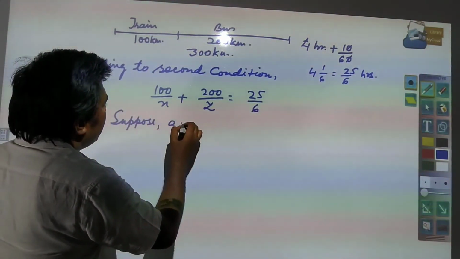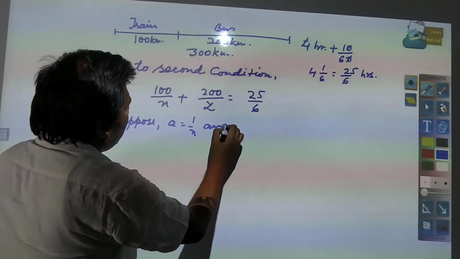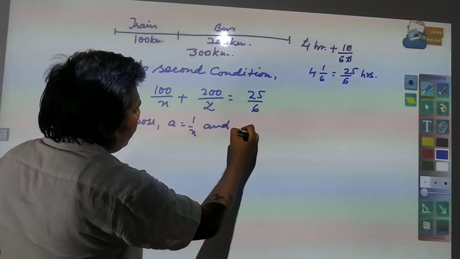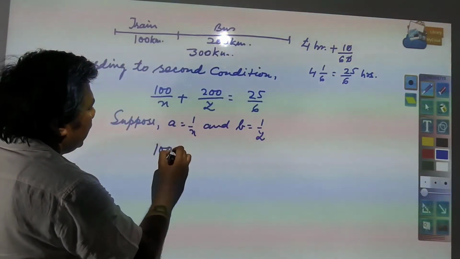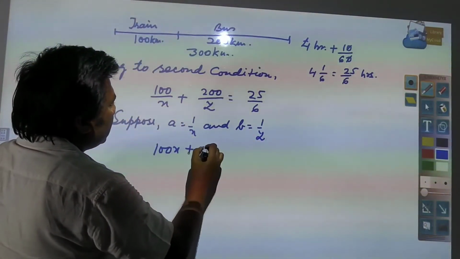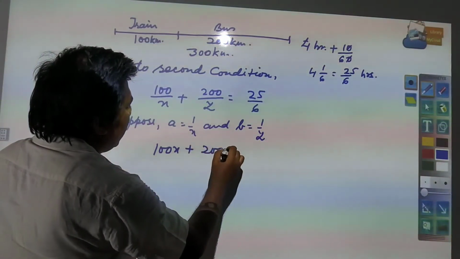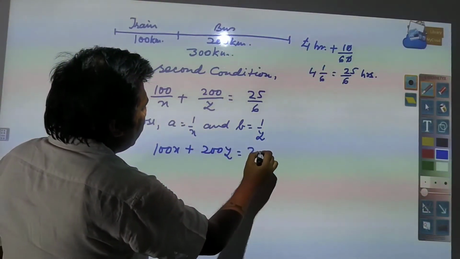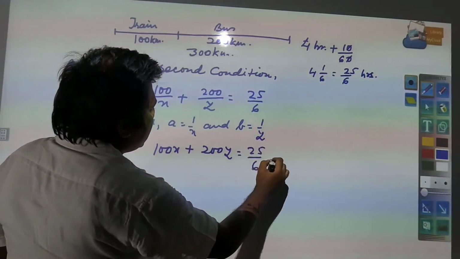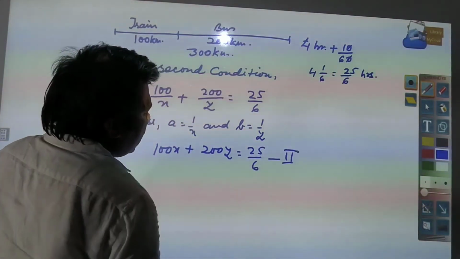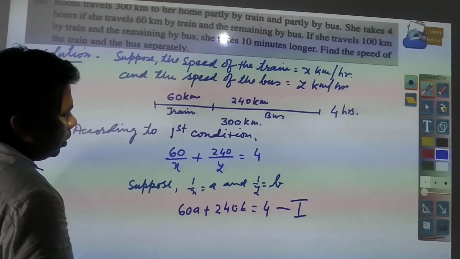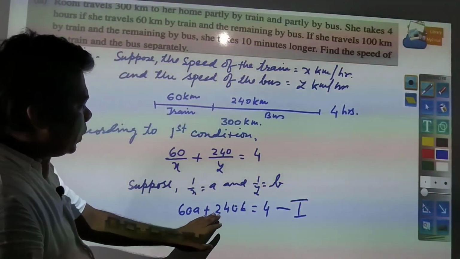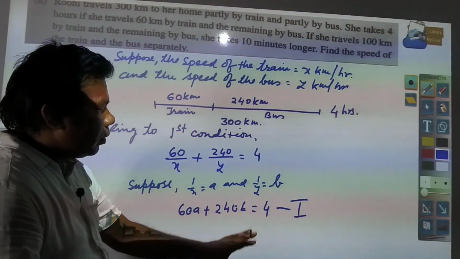Now again suppose a is equal to 1 by x and b is equal to 1 by y. Then 100a plus 200b is equal to 25 by 6, and this is your second equation. We had our first equation, 60a plus 240b is equal to 4.